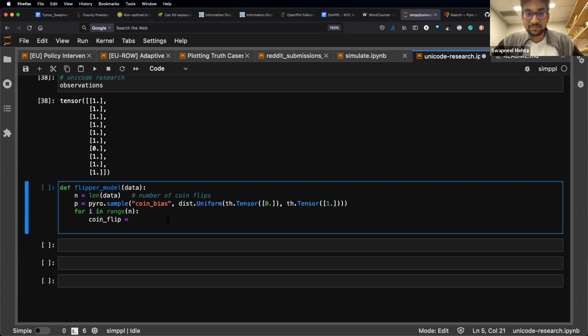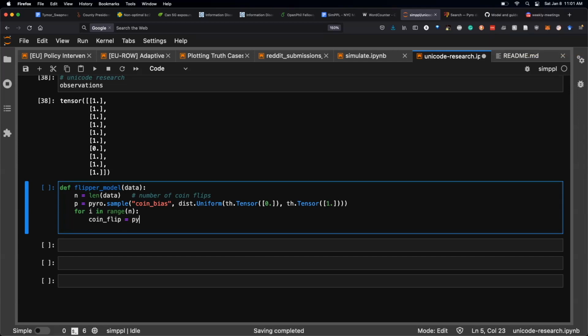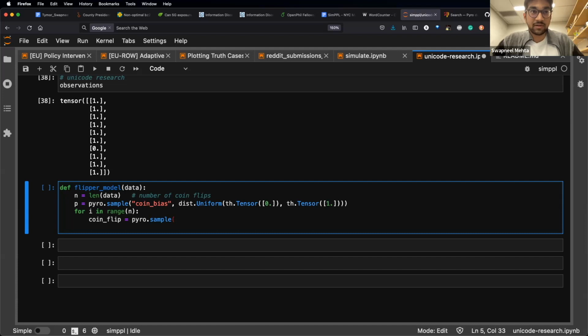Anyone? So the same pyro.sample line but with dist.Bernoulli, what should be the first argument? Coin bias again? Right now you're sampling a flip, not the bias.